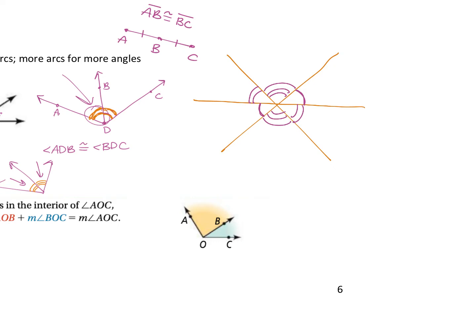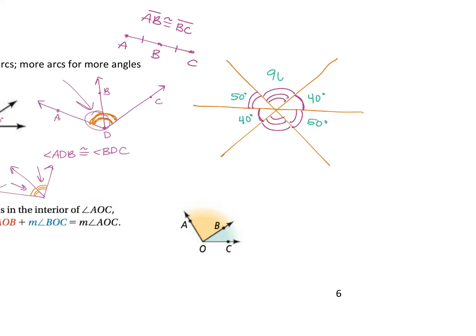So it's like saying if this one is 40 degrees, then this one is 40 degrees also, right? If this one is 50 degrees, then this one's 50 degrees also because they have the double markings. And then the triple mark would be 90 and 90, right? So it's just the number of marks says which angles are equal to each other.